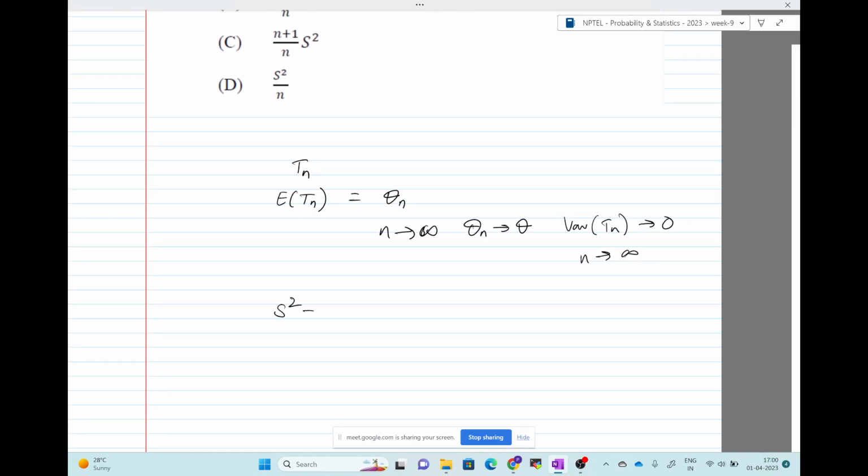So what is S square? S square is summation of (xi minus x bar) square upon n minus 1, right?